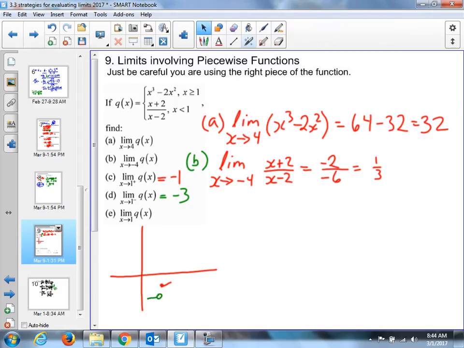That's what C and D tell you, right? If you approach 1 from either side, it's a mismatch. The limit does not exist. Because you'd be getting negative 1 from the right, and negative 3 from the left. There's no match, so we say no answer. Undefined, something like that. I typically say undefined.